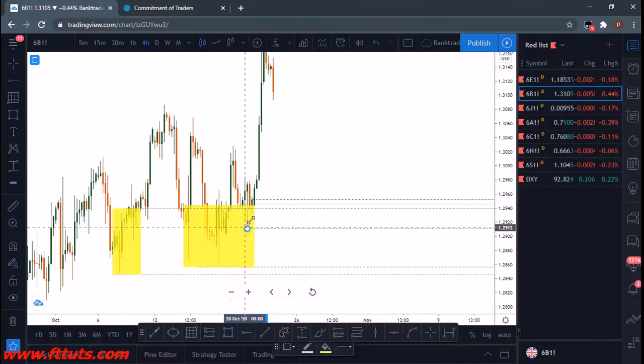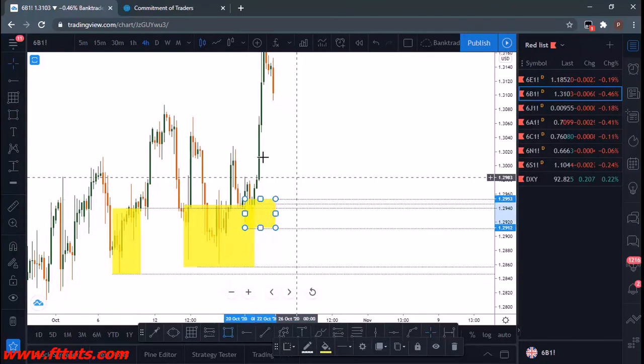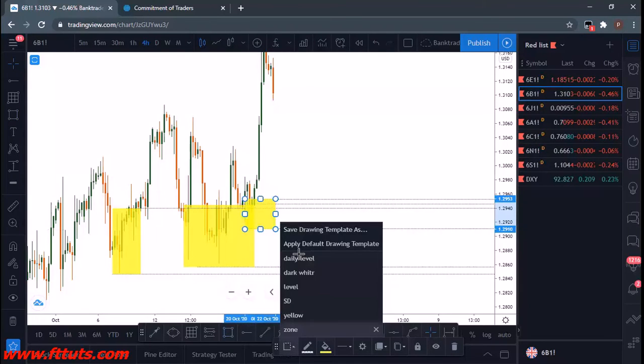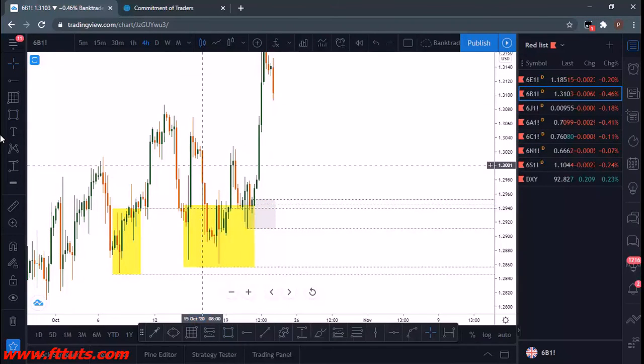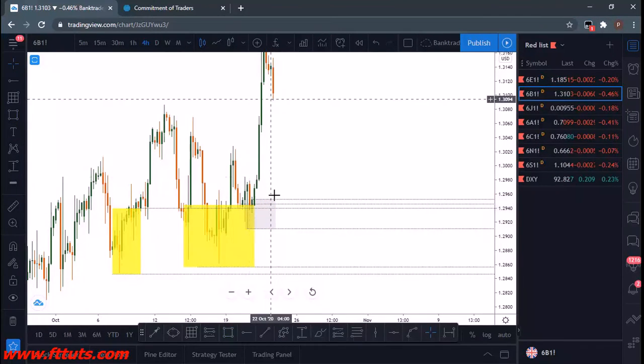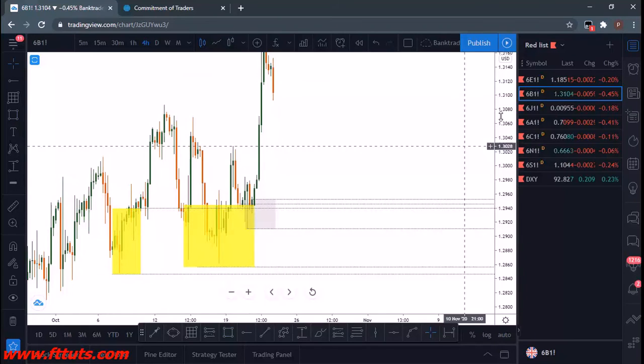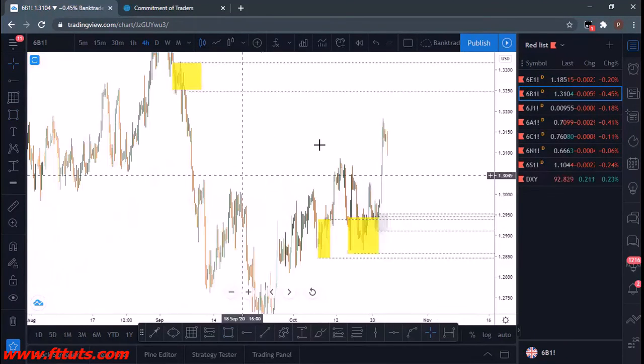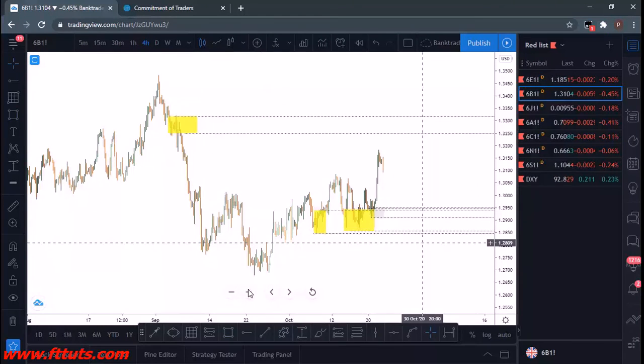Just need to focus, go minute by minute on the video. This is where the 4 hour demand is. Let's even give it a different color. It's not really visible, but yes, this is where our 4 hour area of demand is. So let's see what is going on with the COT.